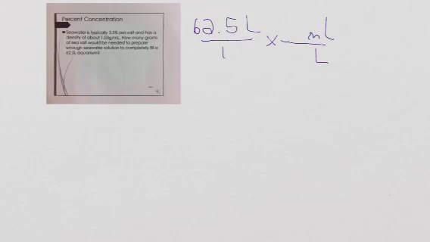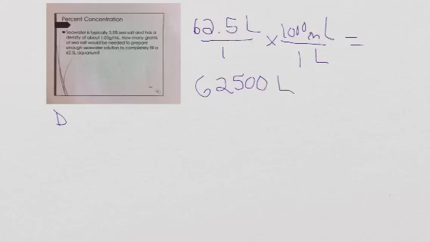The reason I'm doing that is because I want to use that density in there somewhere. I can't assume that 1 gram equals 1 milliliter because the density is not 1. So I'm going to convert to milliliters. That should give us 62,500 milliliters. 1, 2, 3, yeah. Okay, so then you have the density.